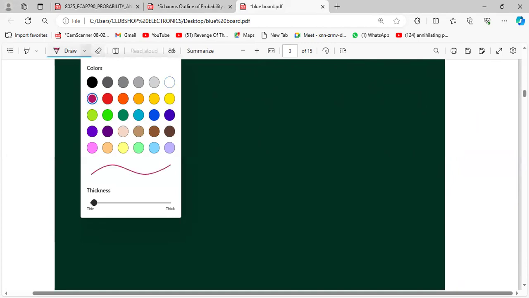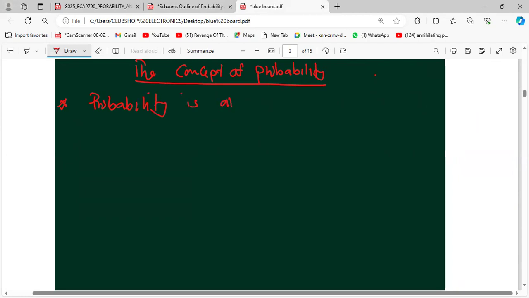The concept of probability. Now, we need to know that probability, in the first place, is all about chances. All about the chances.